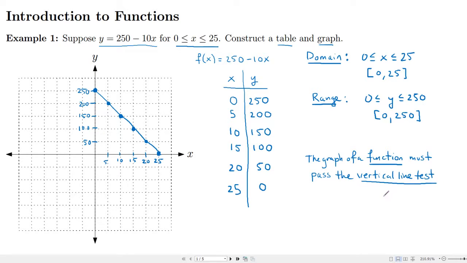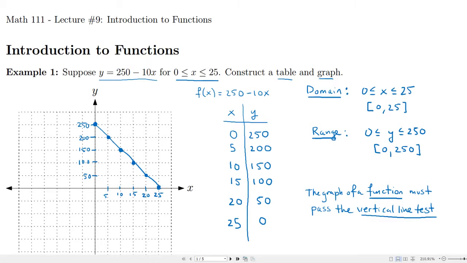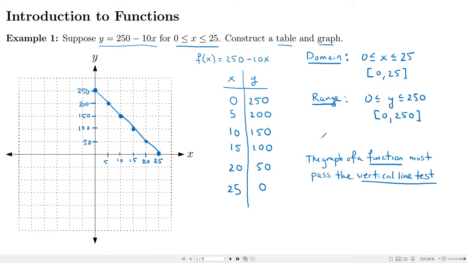So if you were to draw a vertical line anywhere, so let me switch the color of this. Let's say that it's red. If I were to draw a vertical line anywhere, then it's only going to intersect the function at most in one spot.